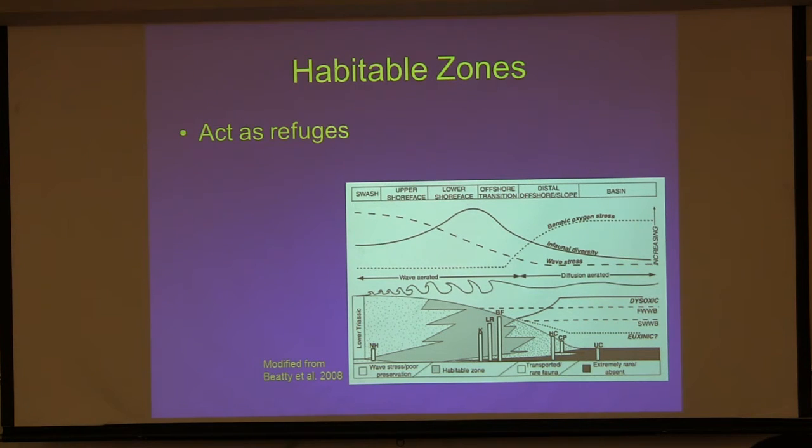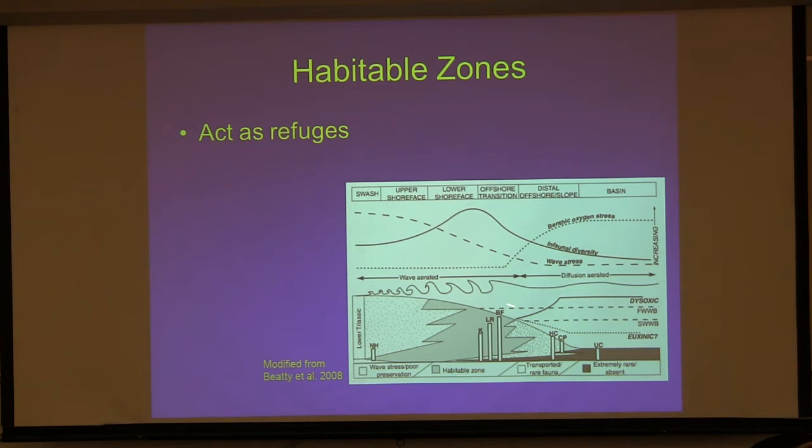Also going on in the early Triassic, you had habitable zones that acted as refuges for different populations of animals. Along the coasts, where you had a stratified ocean, wave action would aerate the water.